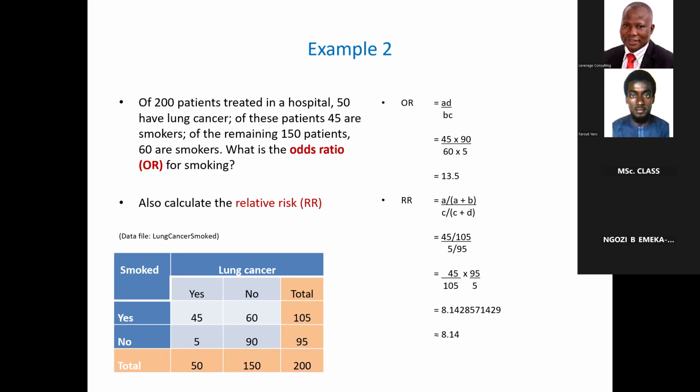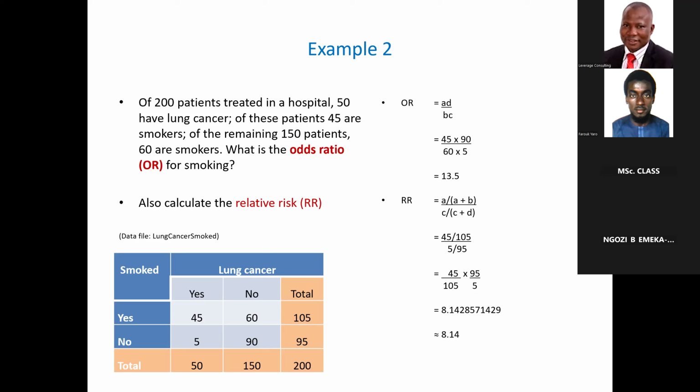Can you see now? You are not interested in the number of people that smoke anyway. What you are interested in is the disease, and the disease has happened. The best you can do now is to ask the question, did you smoke in the past? It's different from the relative risk, the other one we did, where you start with people that are smoking.